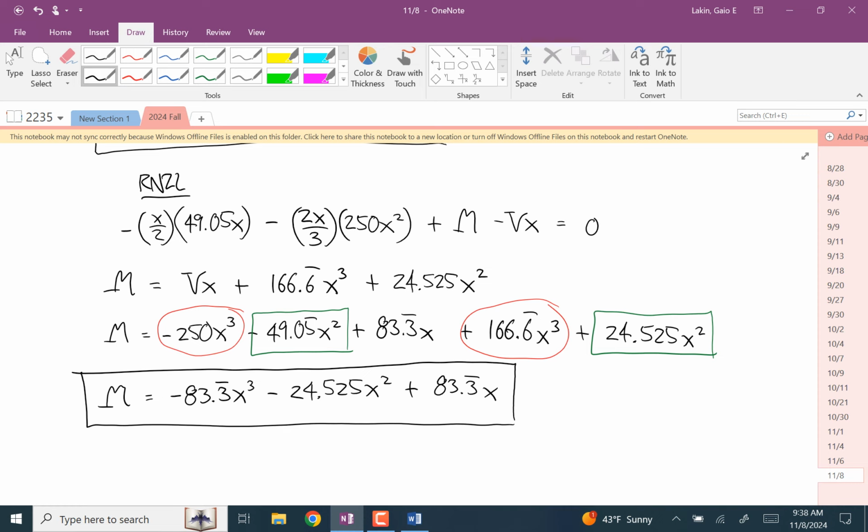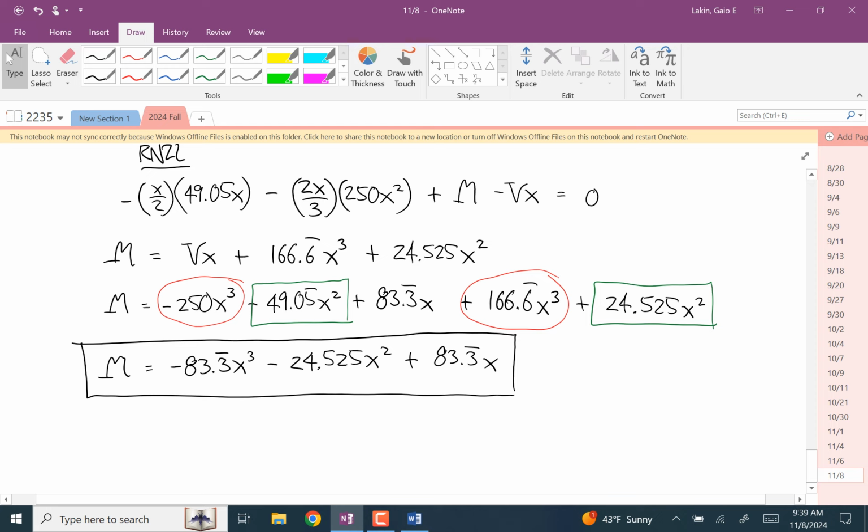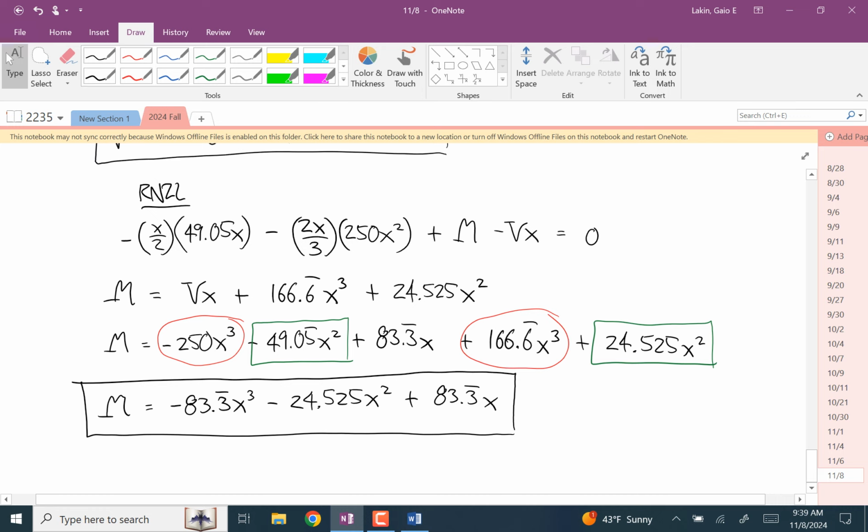I haven't stated this officially yet, but we're starting to get the sense that dM/dx is always going to be equal to V if things go right. So let's just check that. dM/dx is negative 250x squared.